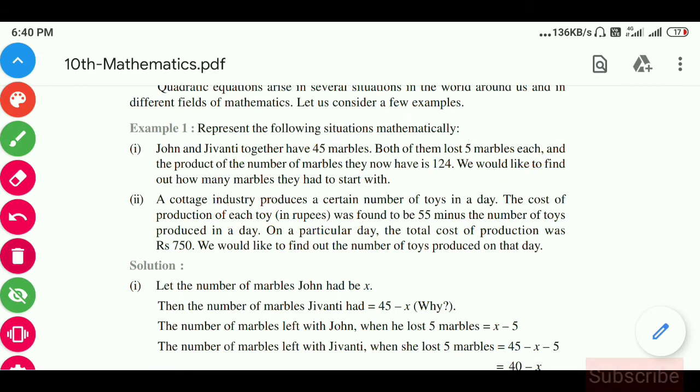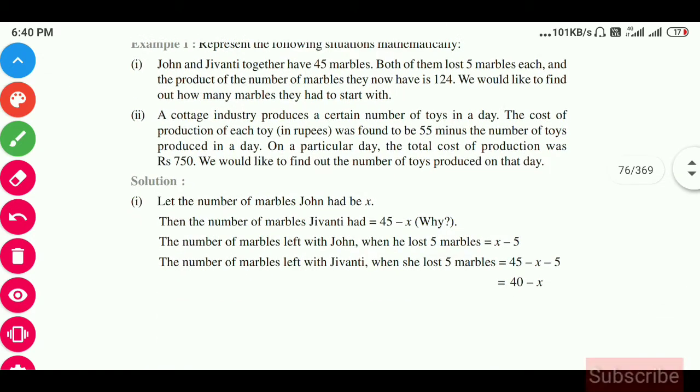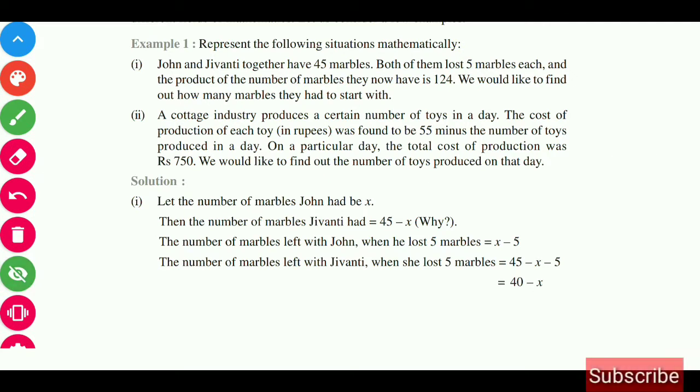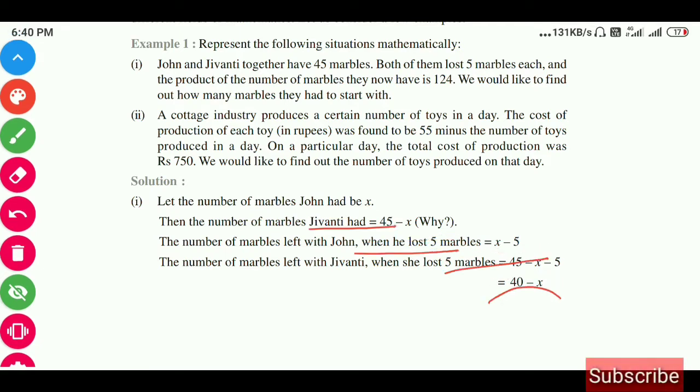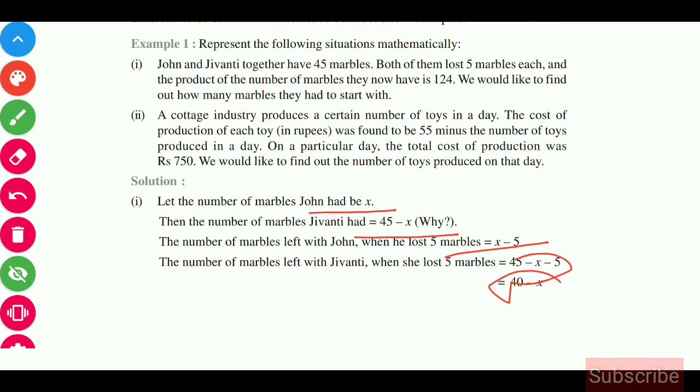So considering the unknown quantity with anyone doesn't make any difference. So we will have two equations. Coming to the standard equation, this is what we related. Solving this, we will get 40 minus x.